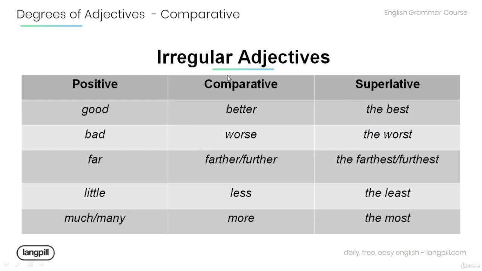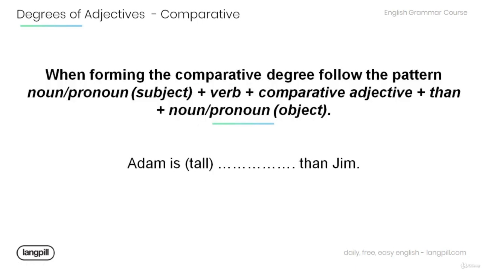Far, comparative, farther, further. Superlative, the farthest, the furthest. Little, comparative, less. Superlative, the least. Much or many, comparative, more. Superlative, the most. Now let's review and practice a bit.